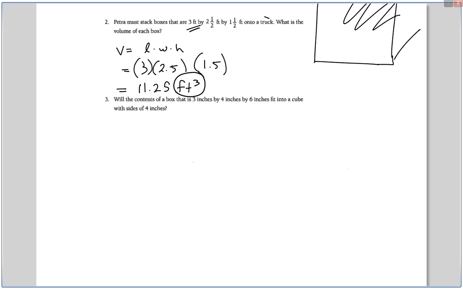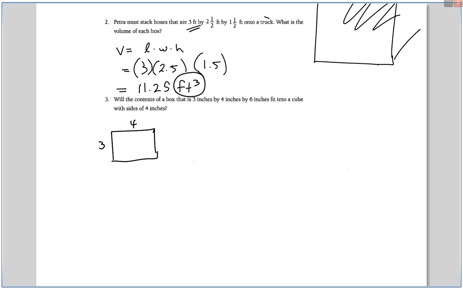Then it says, will the contents of a box that is 3 inches by 4 inches by 6 inches fit into a cube with size of 4 inches? Let's draw the first one, 3 by 4. This is going to be a rectangular prism because 4 is different than 3.